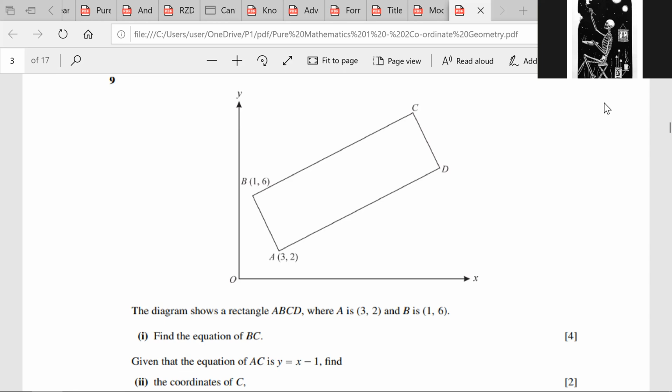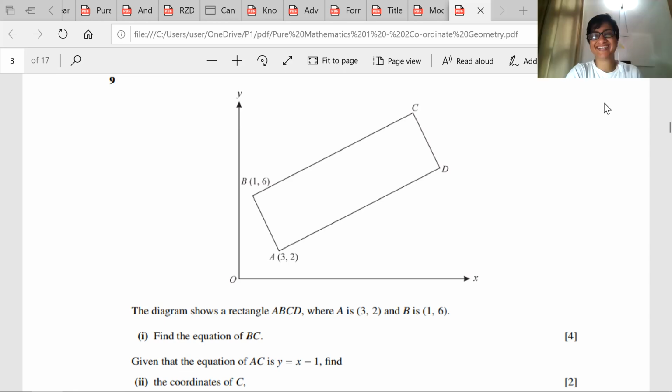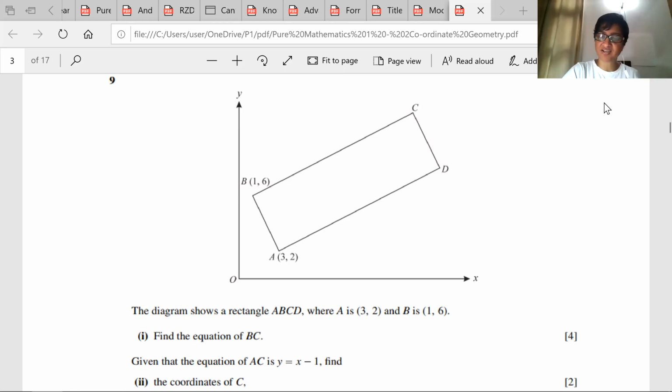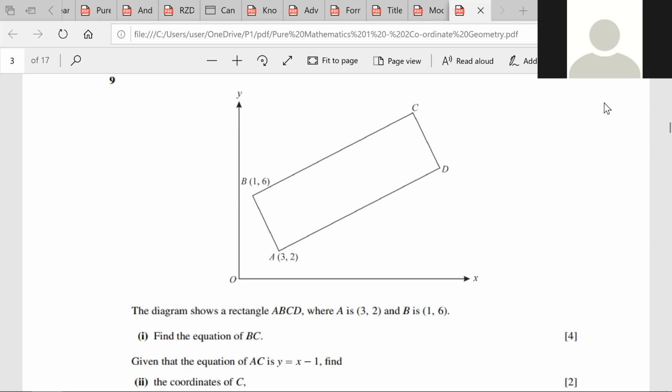Yes, Aisha. I got y equals x plus 11, whole thing over 2. Yes, that looks correct. Afra got y equals half x plus 5.5. That is the same as what you said, so it should be the same, right?